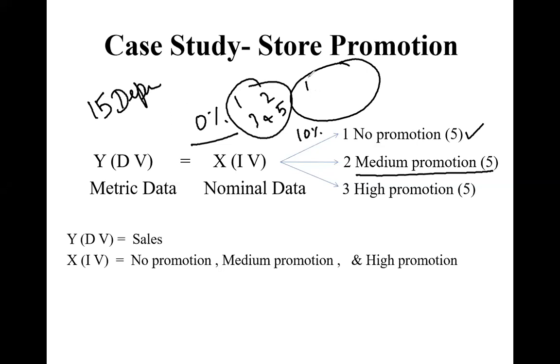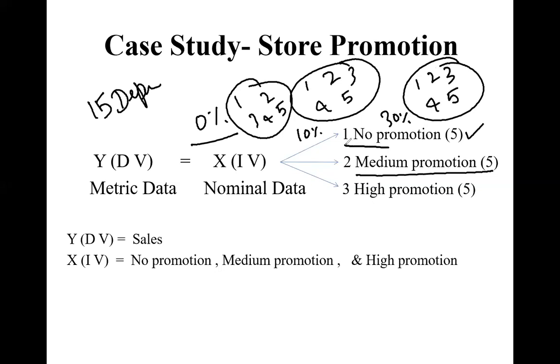Total 15 department stores in a city. 1 2 3 4 and 5 chosen, he is giving high promotion or high discount, 30% discount. So he wants to know whether the sale of this group will be the same as this group and this, or the sale will be different.